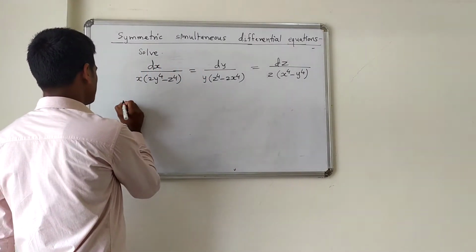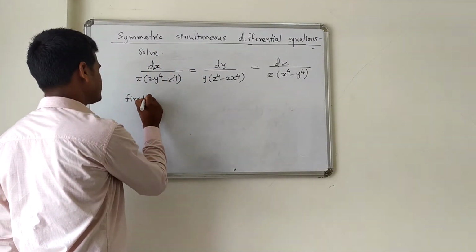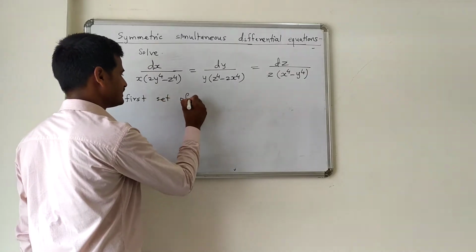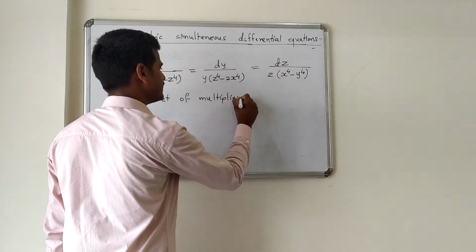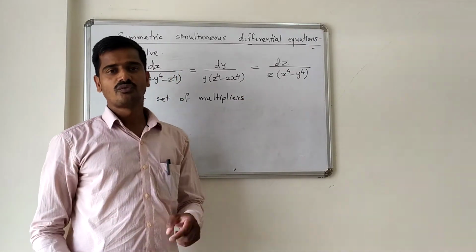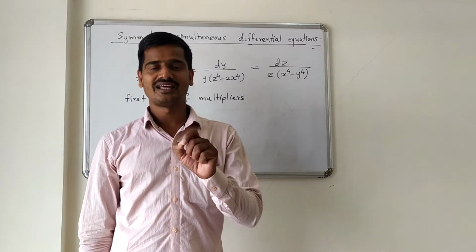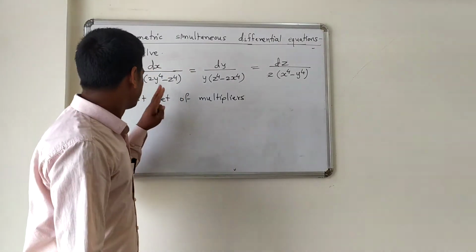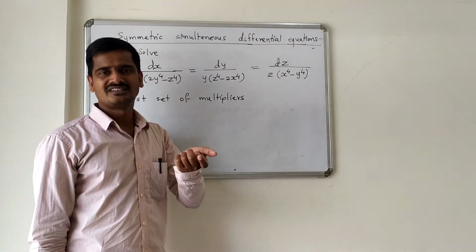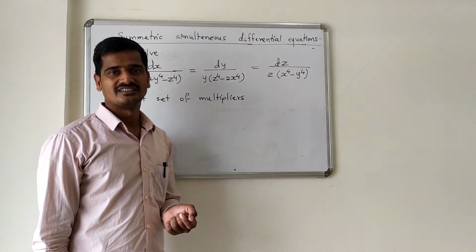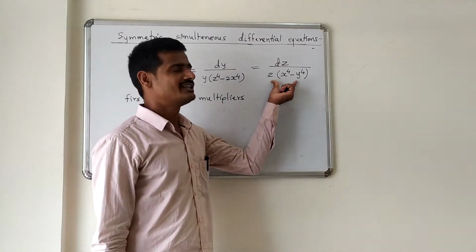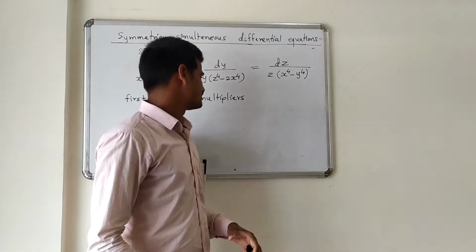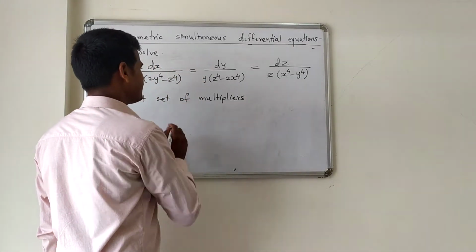Now we have to choose the first set of multipliers. Choose the values of L, M, N in such a way that L into this plus M into this plus N into this is equal to 0, where L, M, N are either constants or functions of x, y, z.